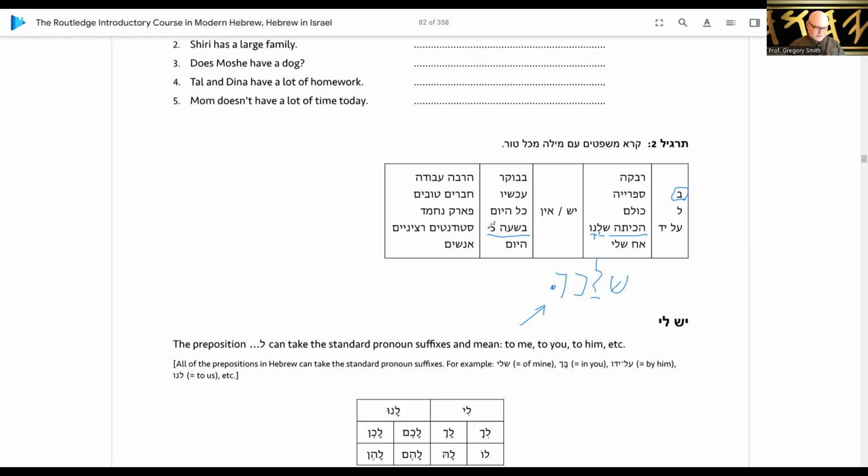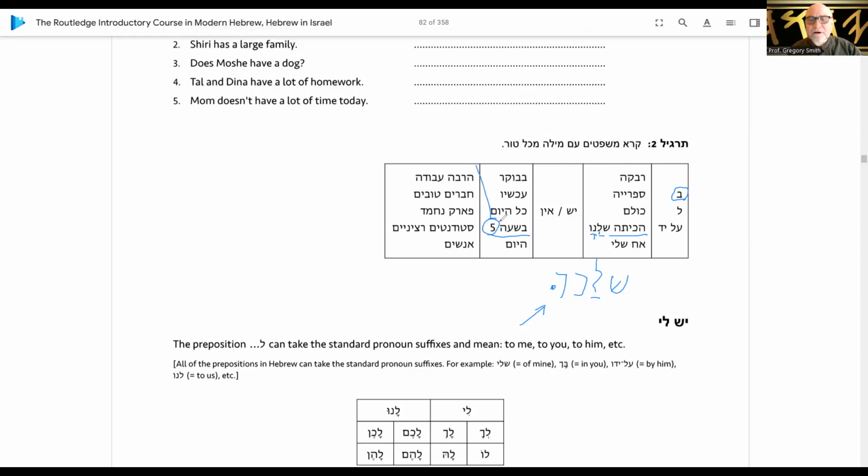Okay, at 6 o'clock. No, that's not right. Basha'a, in the hour. And then the word for 5 would be בשעה 5, yeah, hamesh. That's right. So this is hamesh, basha'a hamesh. This is number 5.